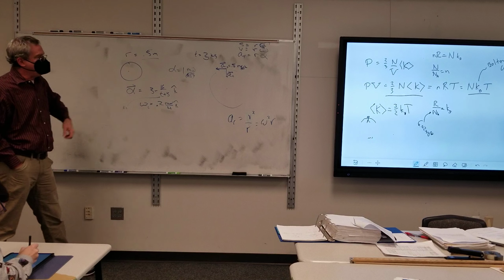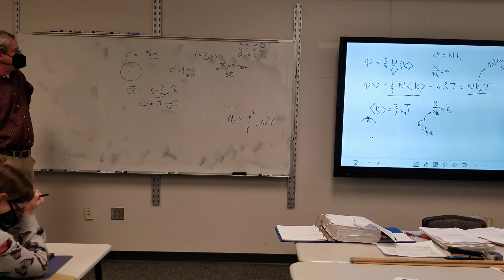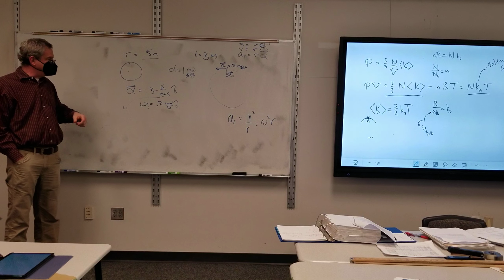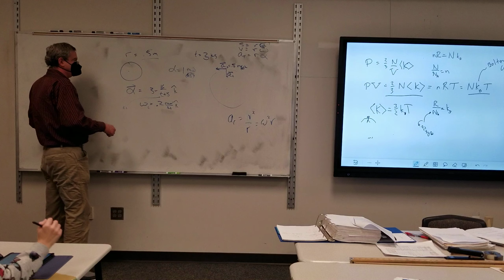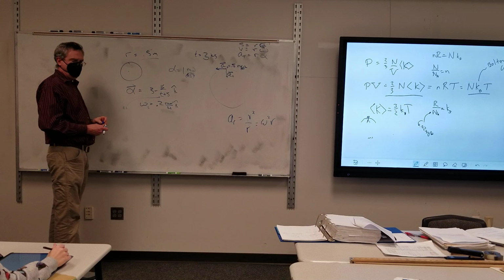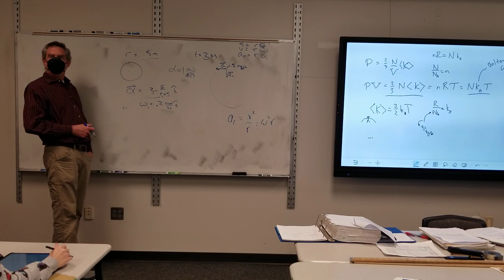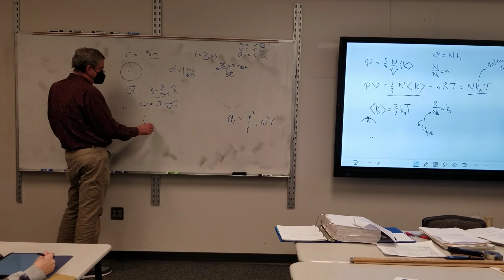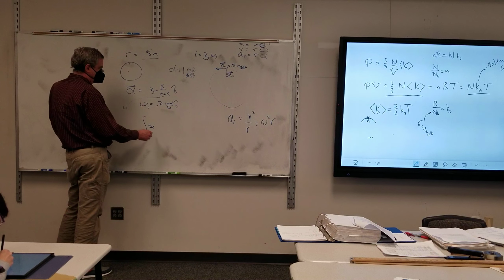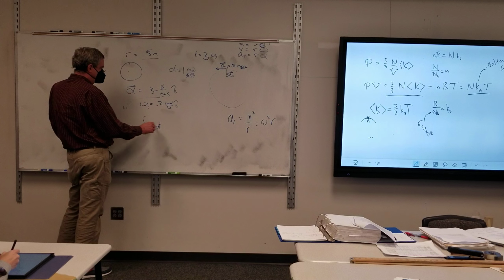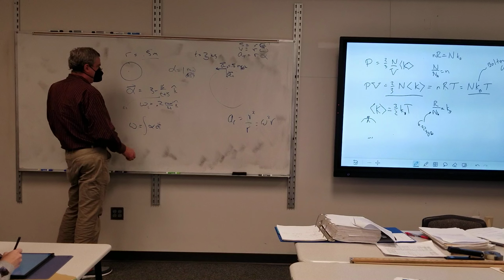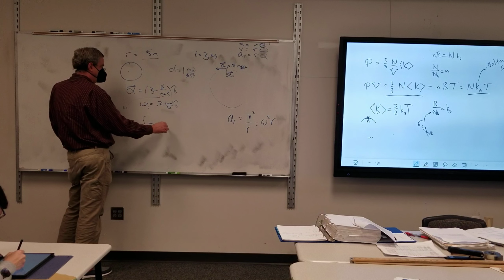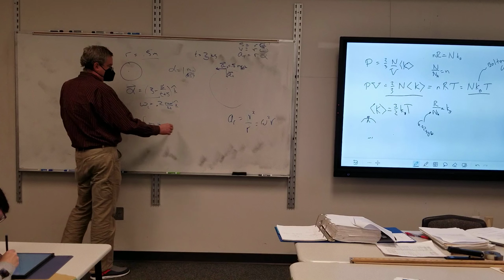So I have to figure out what omega is at 3 kiloseconds. I've got alpha here, so I can come up with a formula for omega. If this is alpha, how do I find omega? Take the integral of alpha dt.